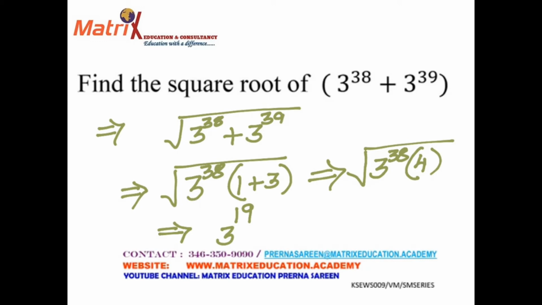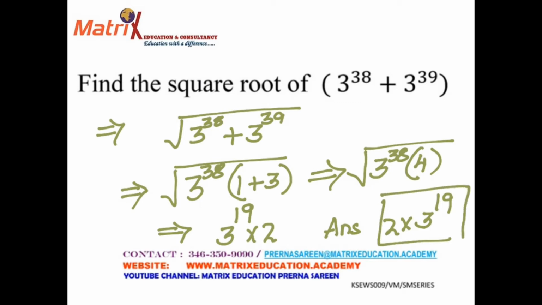So I take this out, multiplied by the square root of 4, which is equal to 2, because 4 is a perfect square. So my final answer here is 2 times 3 raised to the power of 19, and that's my answer.